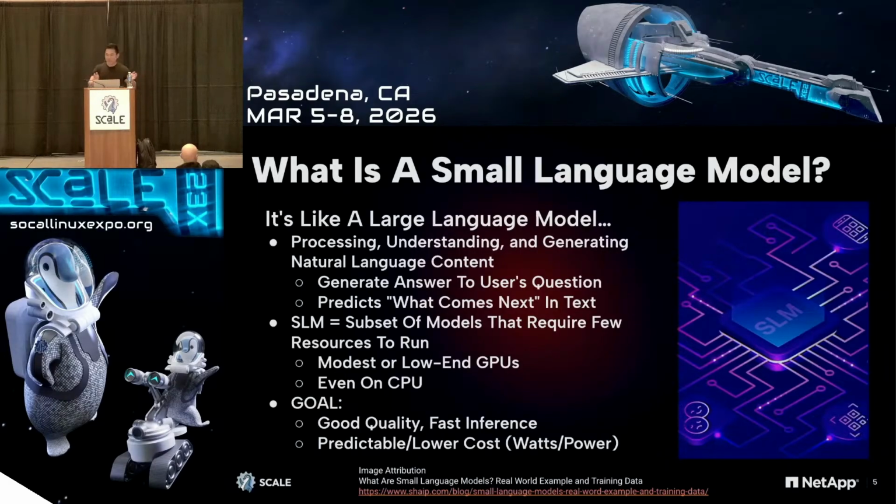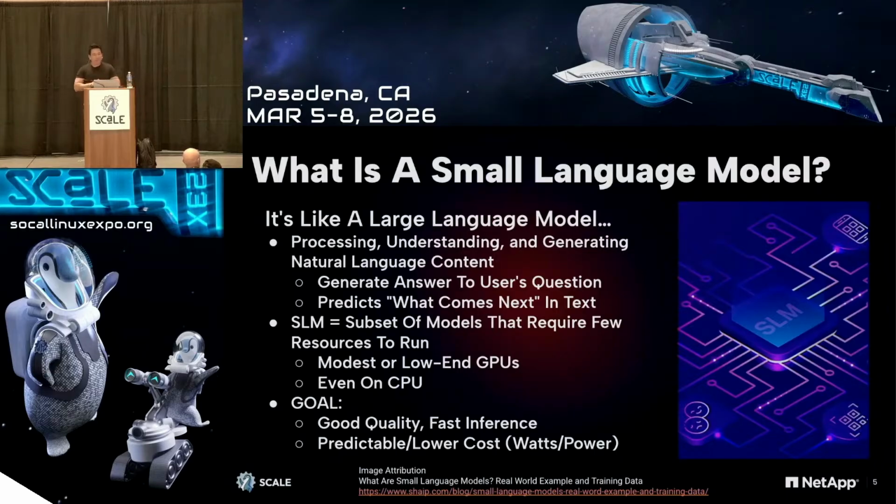Language in, processing, understanding what the user prompt is, and then generating an output to hopefully answer that particular question. You've often heard the term that language models are just next token prediction engines. That's actually true, and that's no different for small language models.